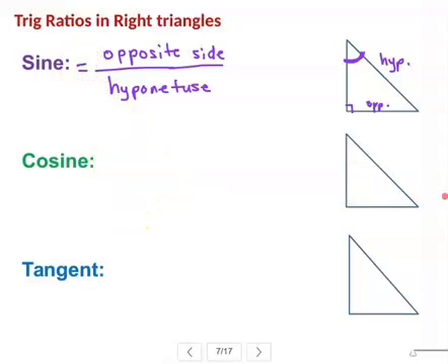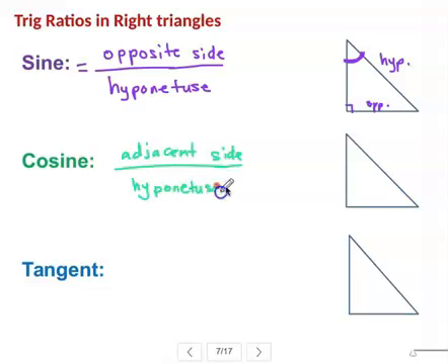The cosine is, if we choose a reference angle, the adjacent side to that angle, whichever one we choose, compared over the hypotenuse. We can choose this as our reference angle, but let's say we choose this one.